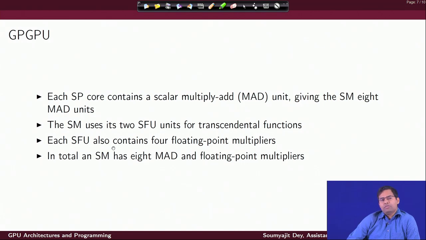Also, each of these SFUs contains 4 floating point multipliers. So, overall, inside each streaming multiprocessor I have 8 multiply and add units and also 8 floating point multipliers. I can do 8 floating point multiplication operations in parallel and also 8 scalar multiply operations in parallel.